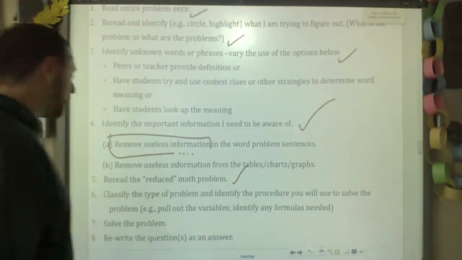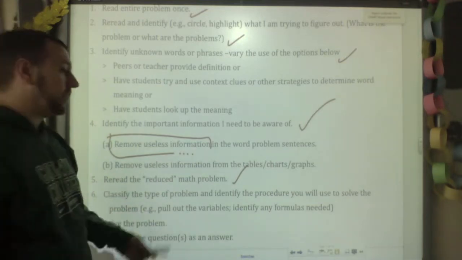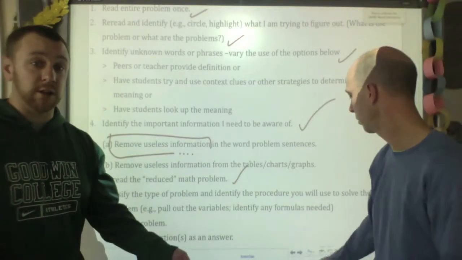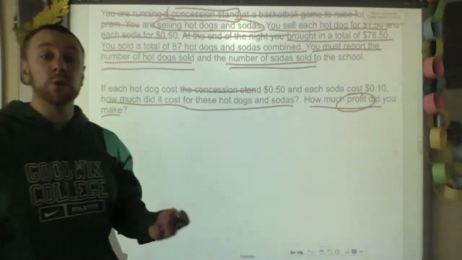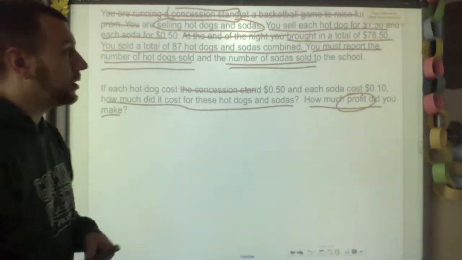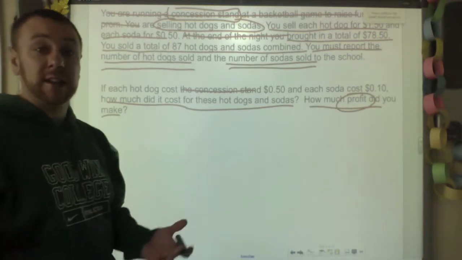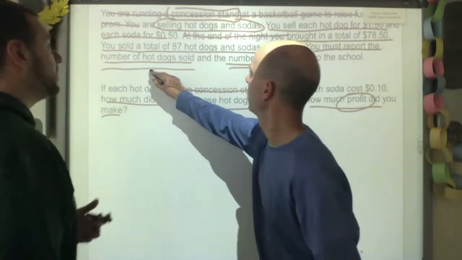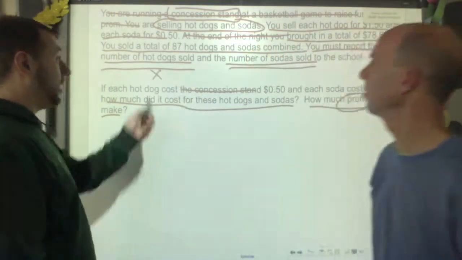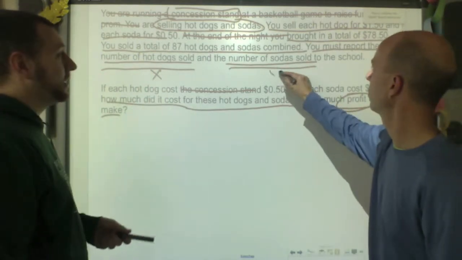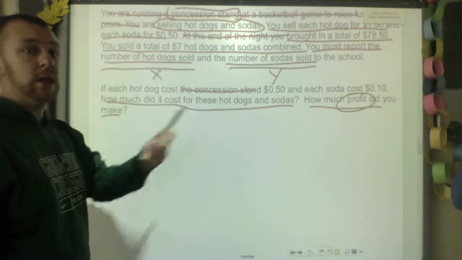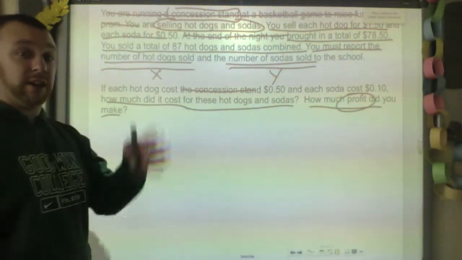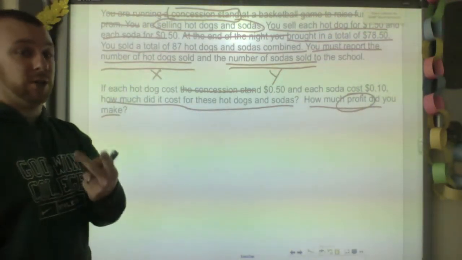Now we're going to classify the type of problem and identify the procedures that we're going to use to solve it. There are two unknowns here, so that's the biggest thing. We want to classify our variables. Our two unknowns are the hot dogs sold and the sodas sold, and we have to find both of them. When we have to find both variables, we need two equations.